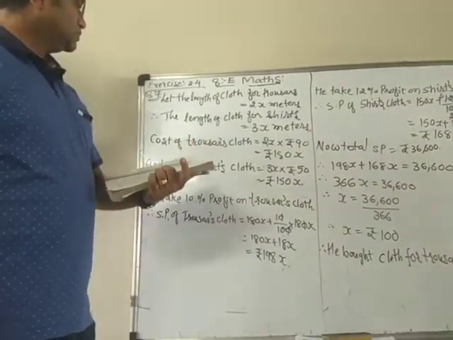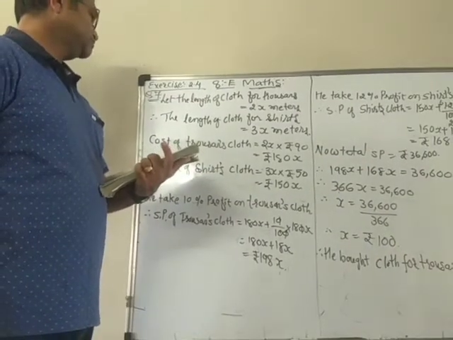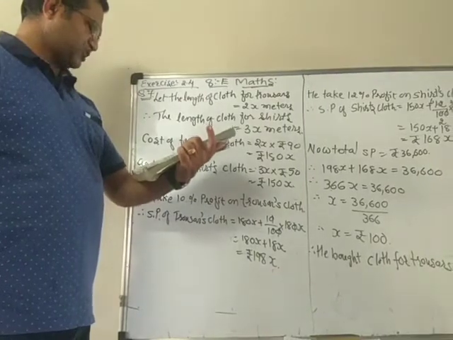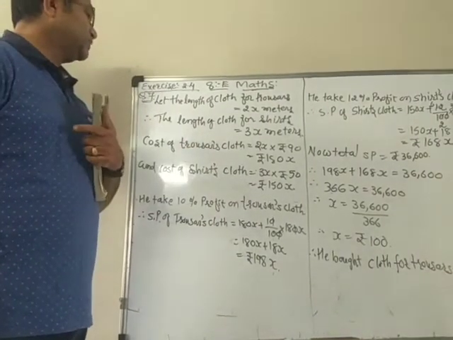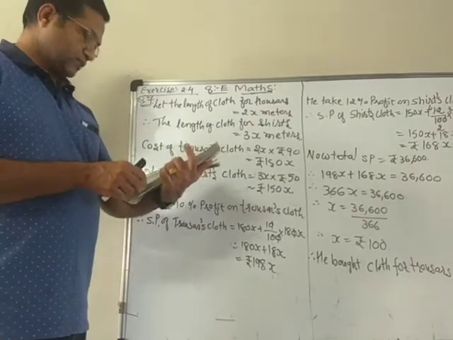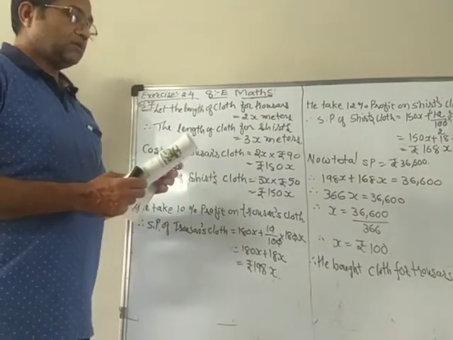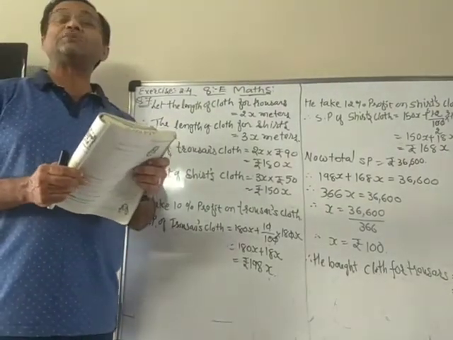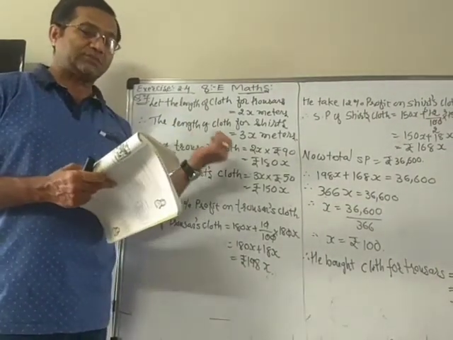The trouser material costs him rupees 90 per meter and the shirt material costs him rupees 50 per meter. For every 3 meters of the shirt material, he buys 2 meters of the trouser material.